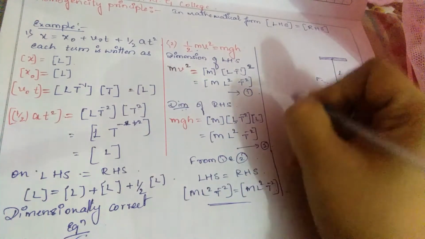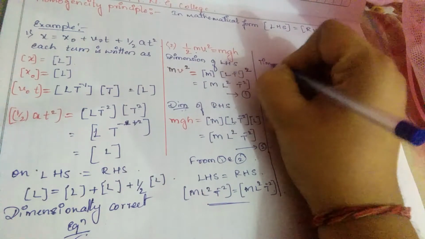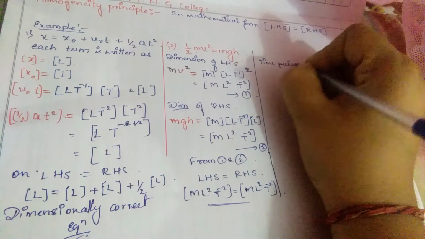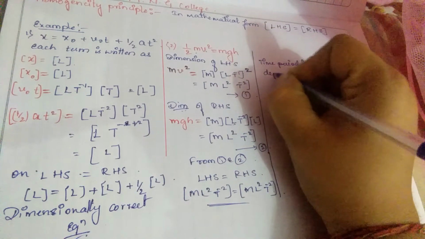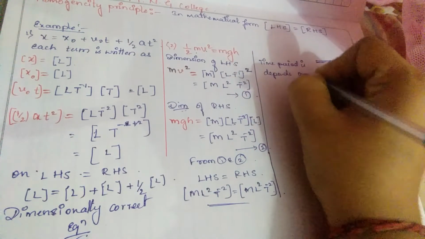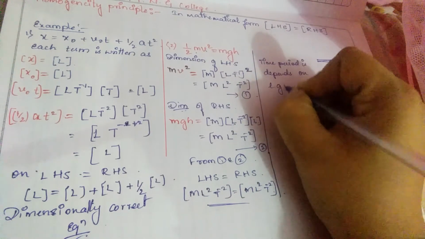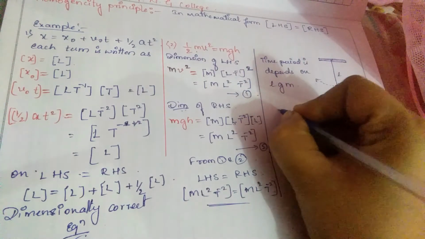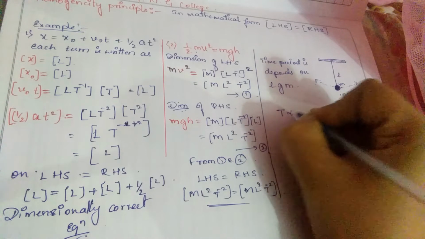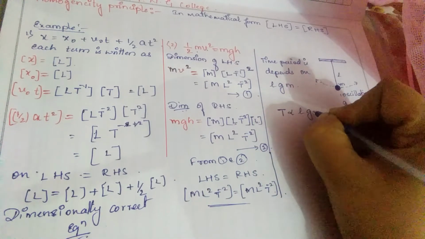So now the time period depends on l, g, m. So T is directly proportional to l, g, m.